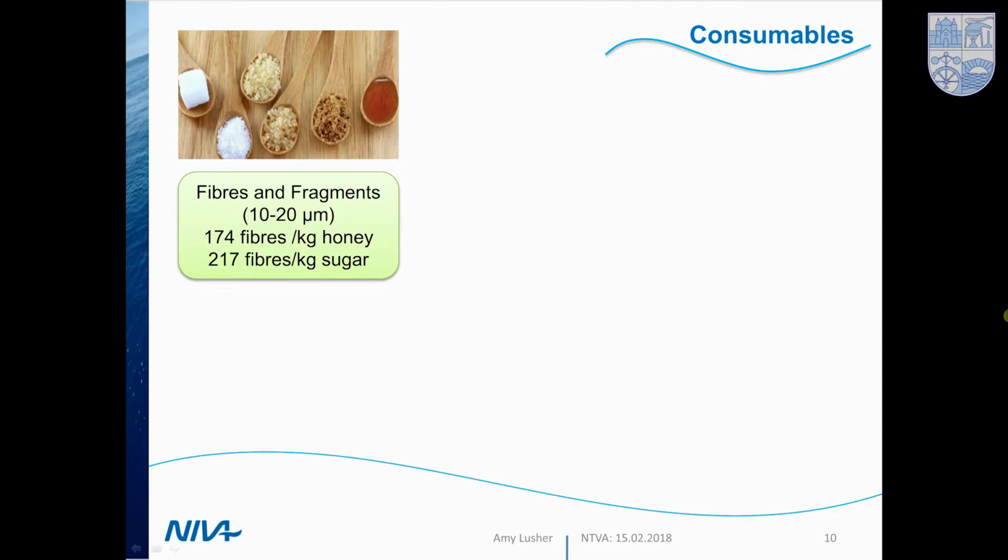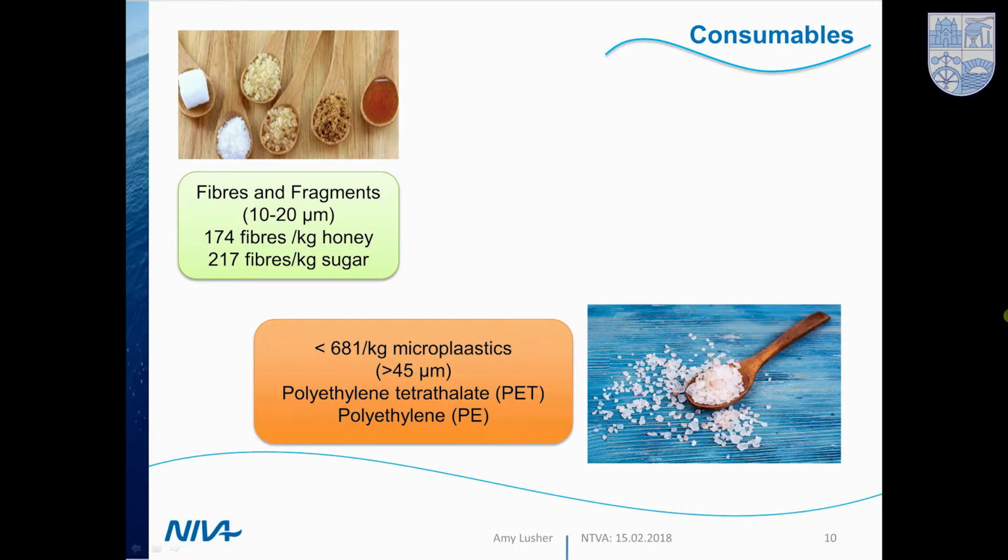Other consumables that have been found to contain plastics include honeys and sugars. Fibres and fragments have been identified, and you can see from these values 174 fibres per kilogram of honey and 217 fibres per kilogram of sugar. And sea salt as well, mainly polyethylene and polyethylene terephthalate microplastics.